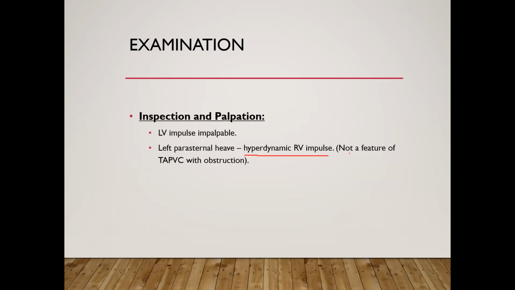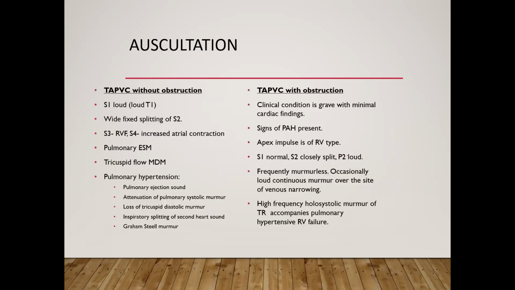This is not a feature of TAPVC with obstruction because there is backflow and the forward flow is decreased from the RV side also. On auscultation, in TAPVC without obstruction, S1 is loud with a wide fixed splitting of S2, and RV S3 with S4 and increased atrial contraction.